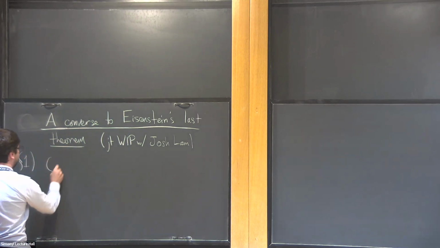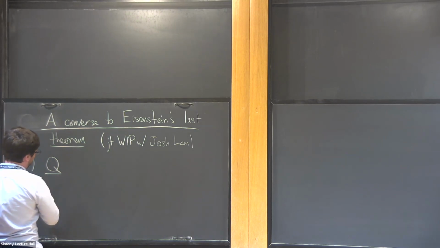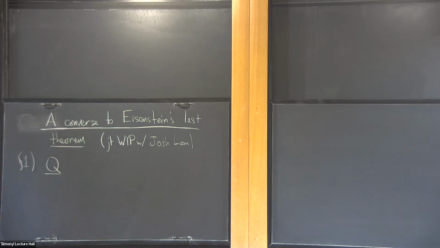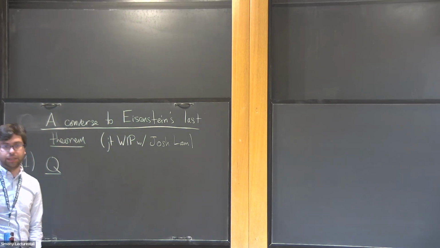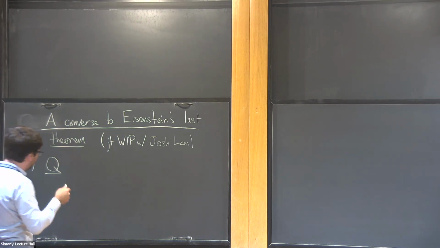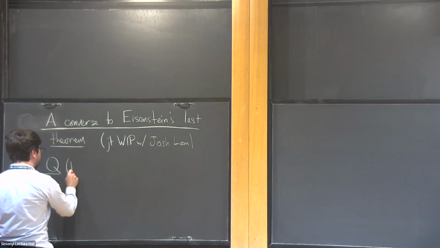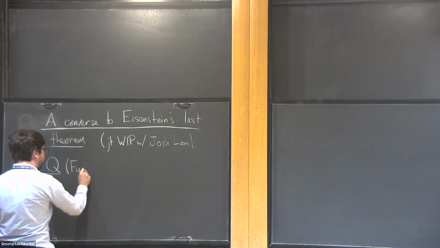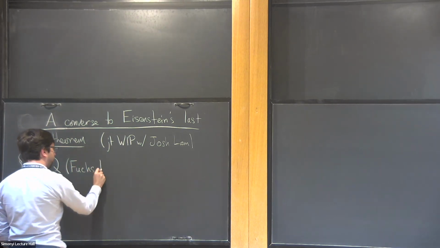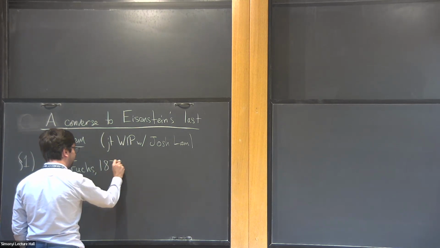So let me start with the motivating question of the talk, which I think was really one of the animating questions of the second half of 19th century mathematics. Maybe in this generality, the first place I was able to find it in print was in a paper of Fuchs from 1975.